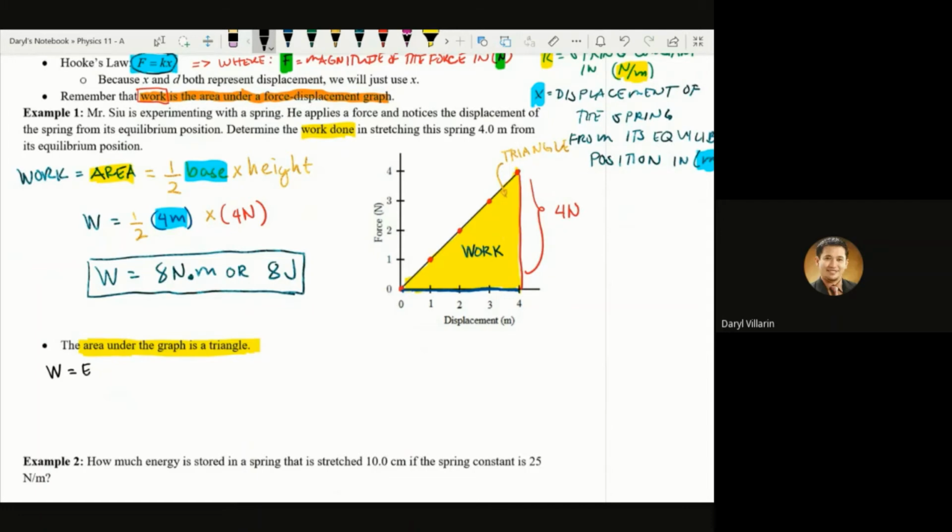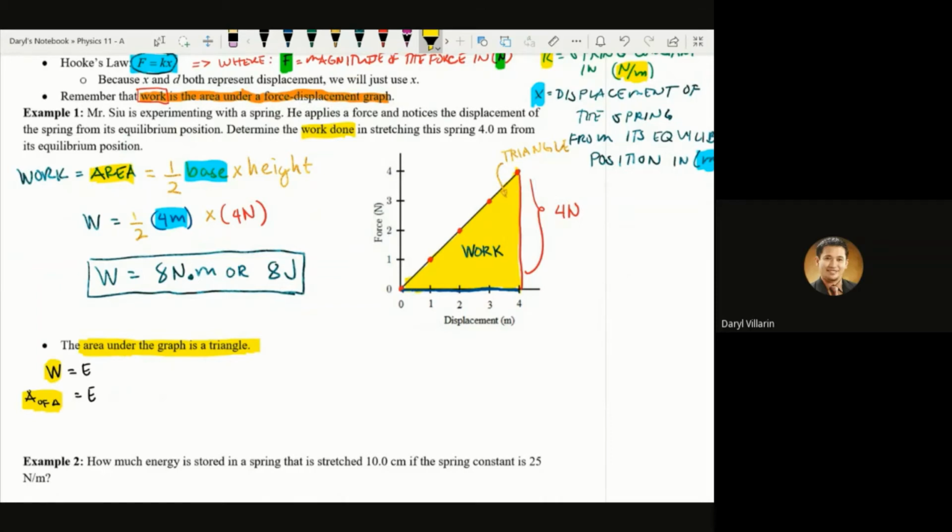And we know that work is just equivalent to the area of the triangle. So you can replace your work as the area of the triangle, which is equal to E.